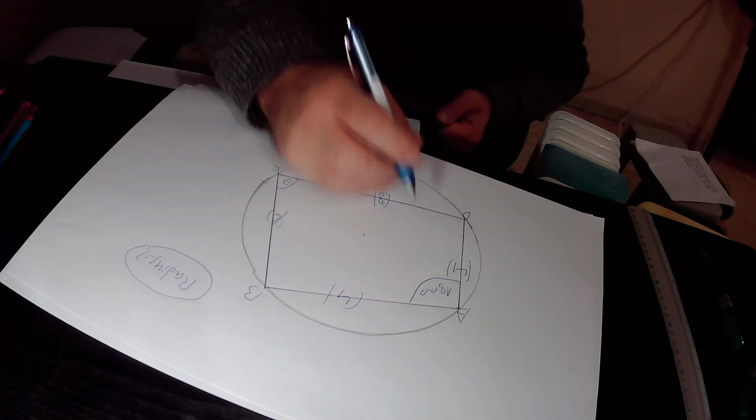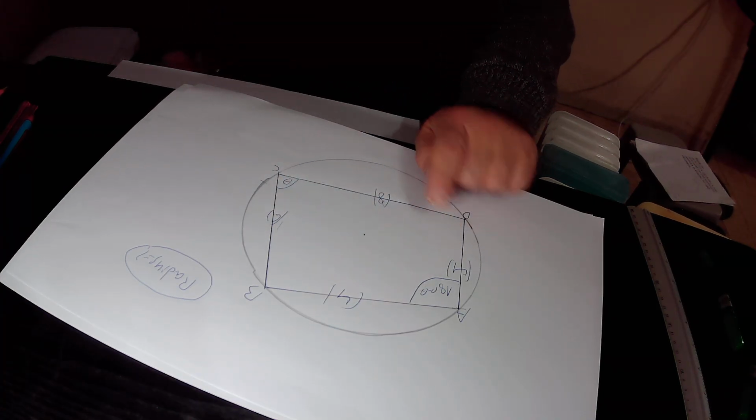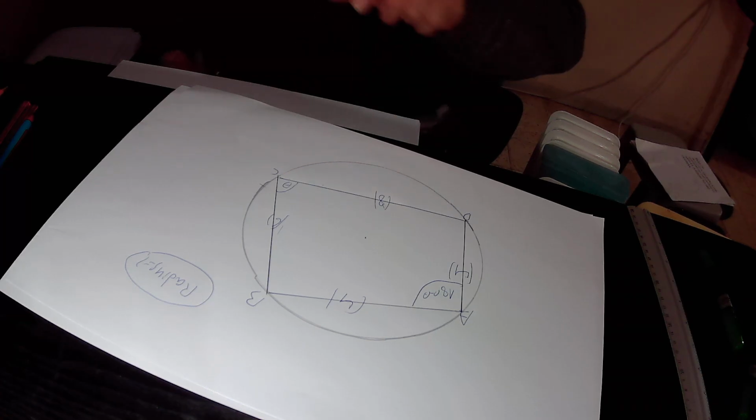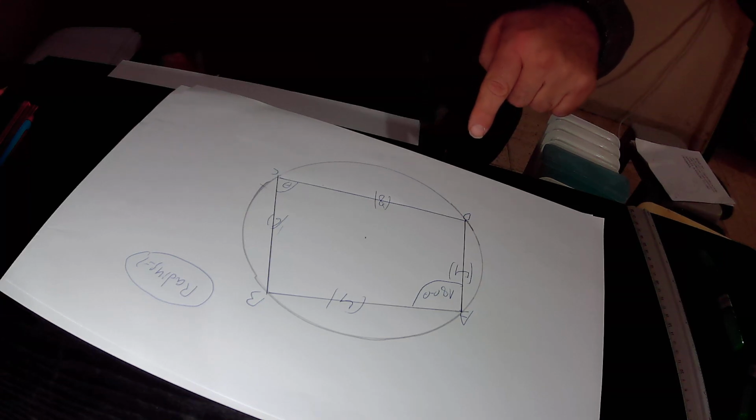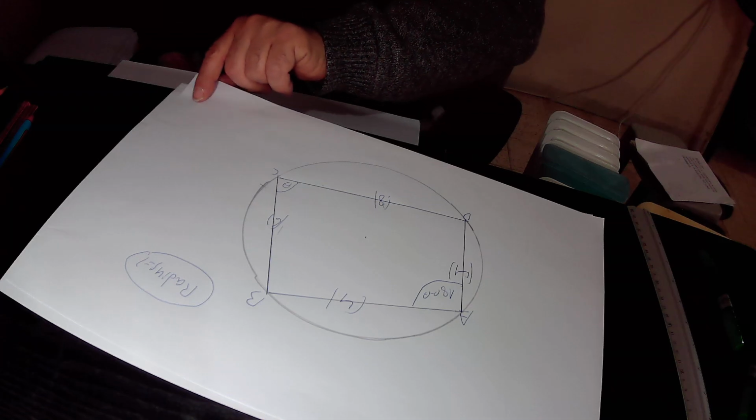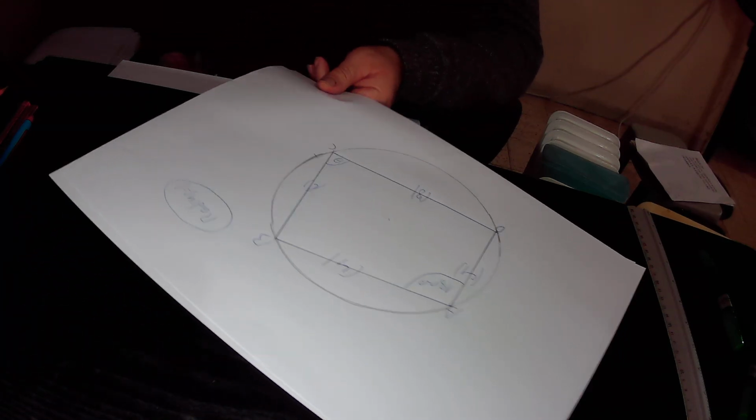Why? Because 180 degrees minus theta plus theta equals 180 degrees, the sum of those two opposite angles inside quadrilateral ABCD. That is the cyclic quadrilateral. This is actually according to Rule 70.